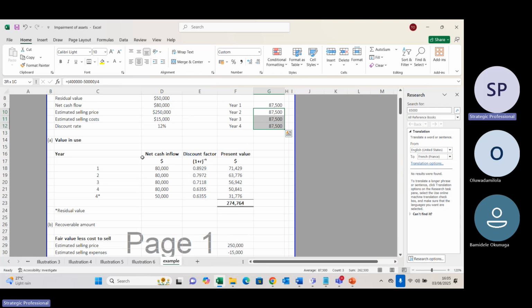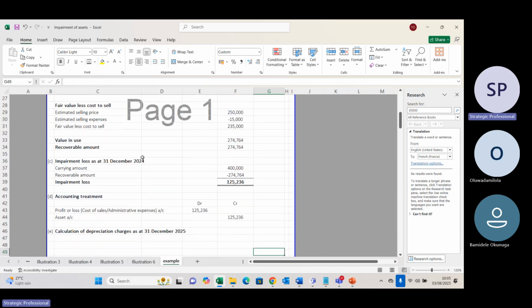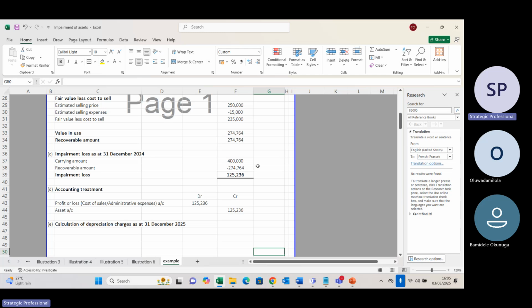That means the depreciation you have been doing in the past is high because of the high carrying amount. But when you now lower the carrying amount after you have already accounted for impairment, that depreciation that was high in the past will now be low. Because the reason I did all this debit credit is to say that the actual amount of the asset is this 274,764. Do you agree with me? Yes.